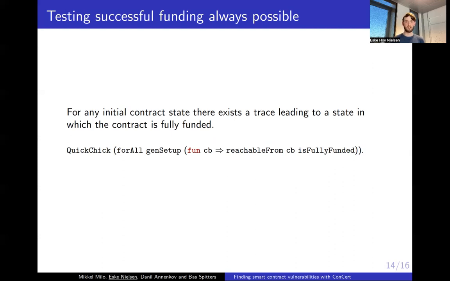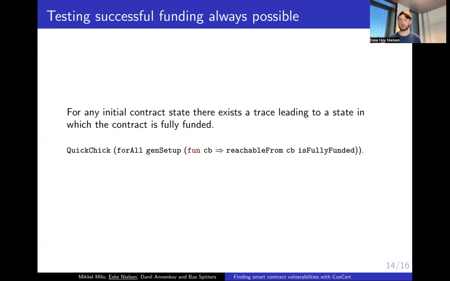And then we can combine these, as shown in the code on the slide, with built-in tools from the framework to come up with this test stating that for any setup generated by the setup generator, there should be a state reachable from the setup in which the fully funded predicate holds.